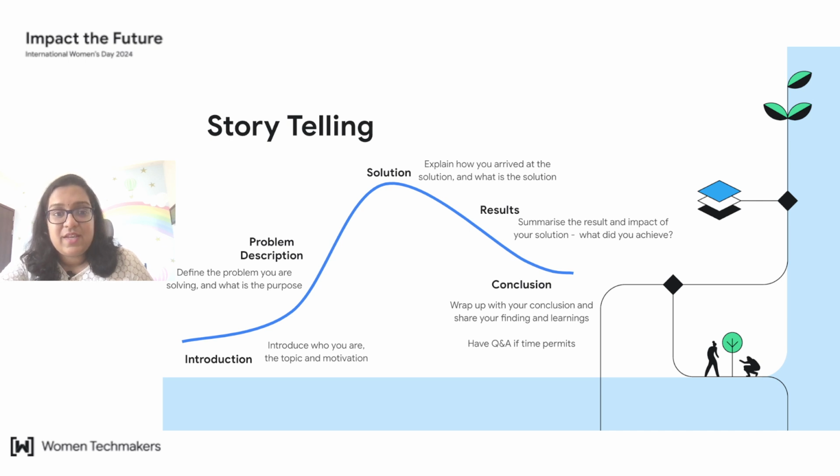In the results phase, we share with our audience what the exact result was and, most importantly, what the impact of this solution was. What did we achieve through this process? Last but not the least, it's very important to wrap up our presentation with a conclusion by sharing our findings, our learnings, or in some cases, even mentioning the advantages and disadvantages of our solution.